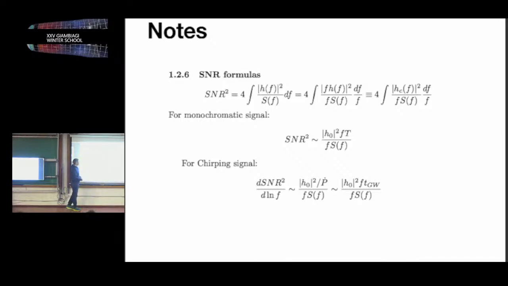And if I want to know how much signal to noise I will see for some event, I would take the h of f of that event, divide by the noise in each of the frequencies, and sum that over all the frequencies, assuming the noise from this detector is stationary, so every frequency is independent, and so I get to add all the frequencies. And usually, as I was telling you, this h of f has units. This s of f has correspondingly units.